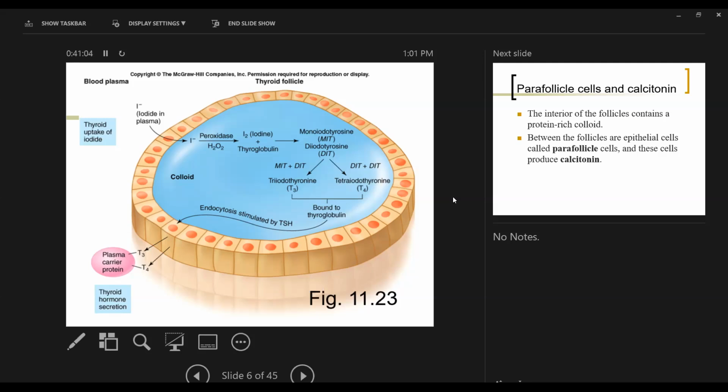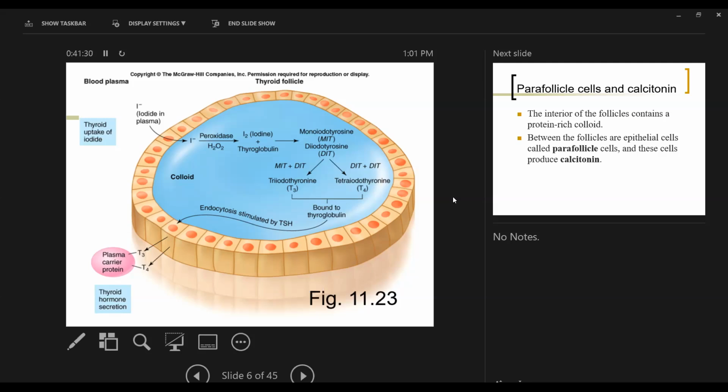Now, once it's in the colloid, the iodide gets oxidized by the enzyme thyroperoxidase. That changes it into an iodine atom. Iodine is very reactive.